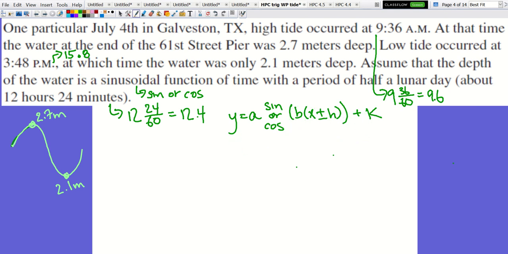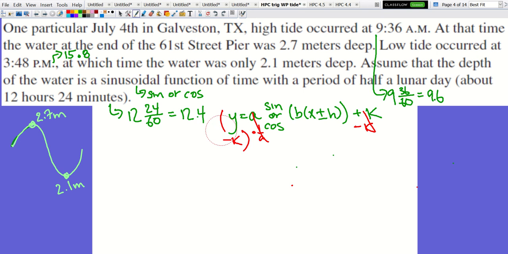If you move the K over and do minus K, and then multiply by 1 over A to both sides, these go away. The K and the A represent vertical transformations. The K is a vertical translation, and 1 over A is a vertical stretch or compression.